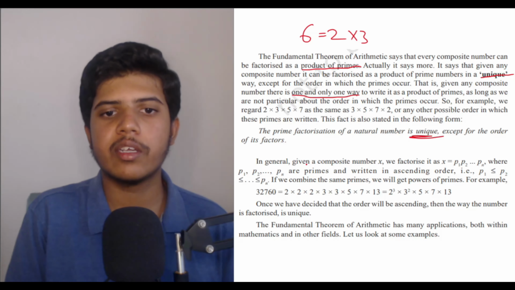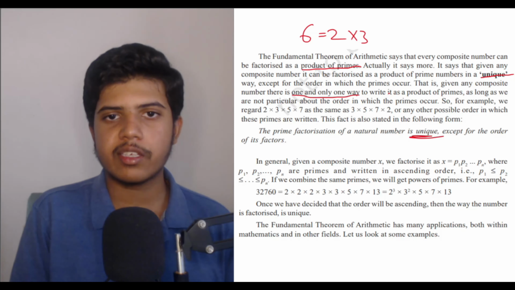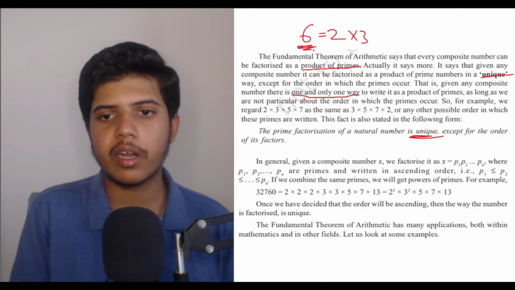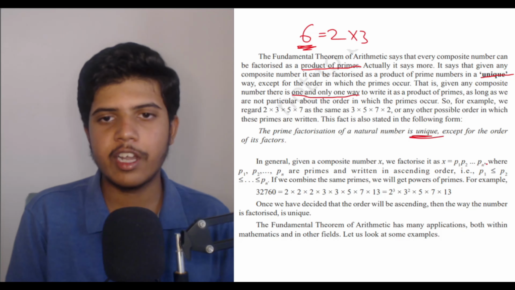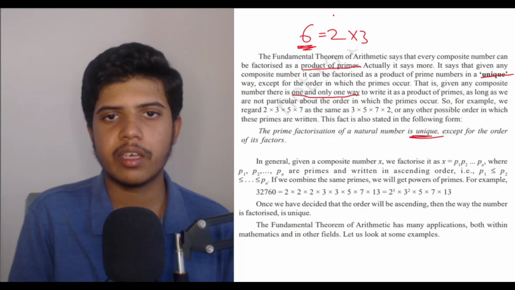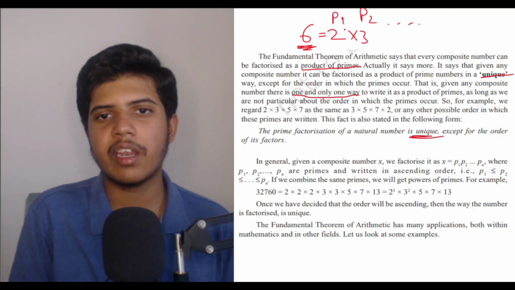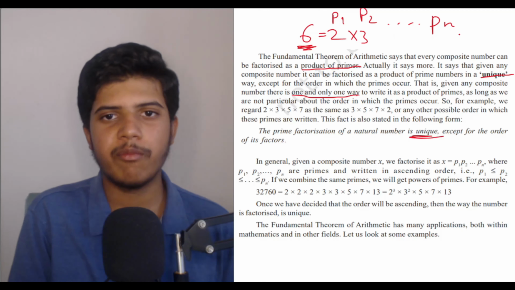So the convention is, in general, given a composite number x, we factorize it as p1, p2, until pn. If you take any number, n is the total number of prime factors it has.